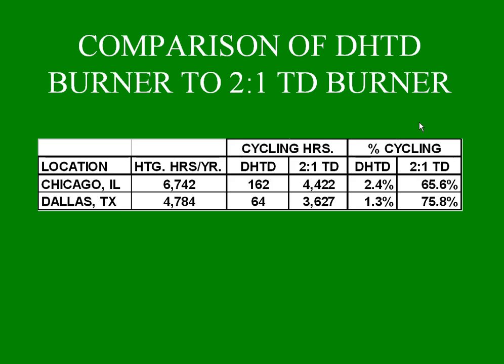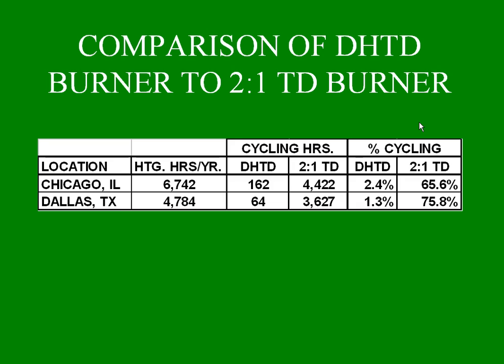And that's going to directly correlate to the cycling. So this little chart, I like to show this little chart because it shows how many hours that a typical system is actually going to cycle on and cycle off to meet that load temperature. I'm sorry, the ventilation temperature. I want to make sure we're specific on that. So if we look at Chicago, Illinois, the average heating hours, 6,700 heating hours a year. If we look at the comparison between the digital turn-down burner and the 2-to-1 turn-down burner, we can actually see the amount of hours that we're cycling on and off.